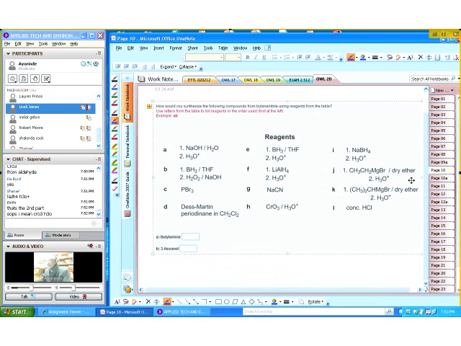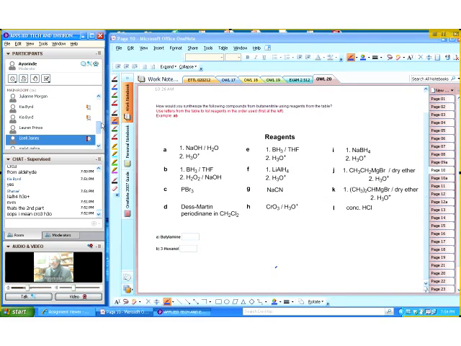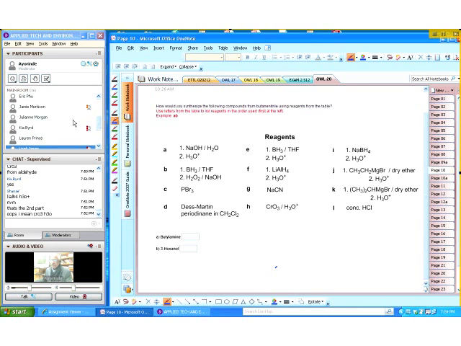Let us see here. Now let us try this. Lorraine, is your mic working? If your mic is working, can you read this question for us? From butanenitrile using reagents from the table?